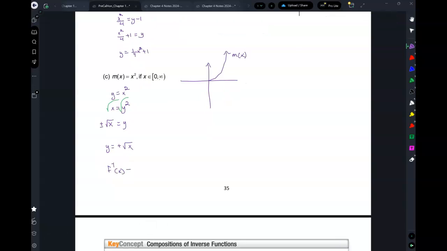F inverse of x is equal to root x. So had it said x is the set of, let's say, negative infinity to 0, then we would have taken negative root x, right? Because it would have been the other side. Isn't that cool? Isn't math like so awesome? Right? Talk about stress relief.